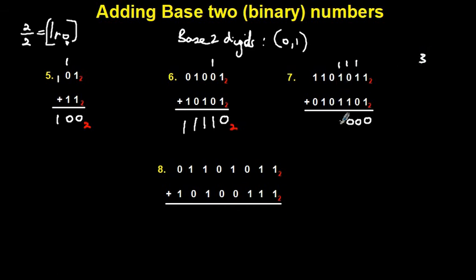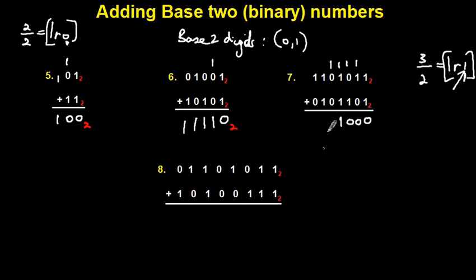So we cannot put 3 under this because 3 is not a part of the base 2 system. So 3, we divide that by 2 because we're in the base 2 system. This will give you 1 remainder 1. So we're going to leave this 1 at the bottom right here, and we're going to carry this 1 at the top.